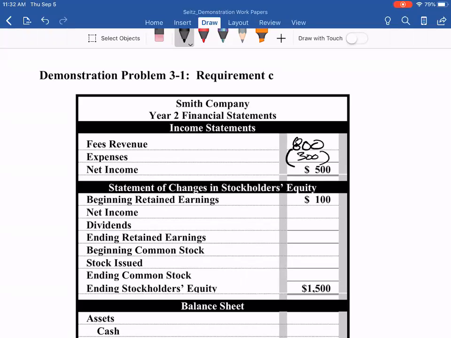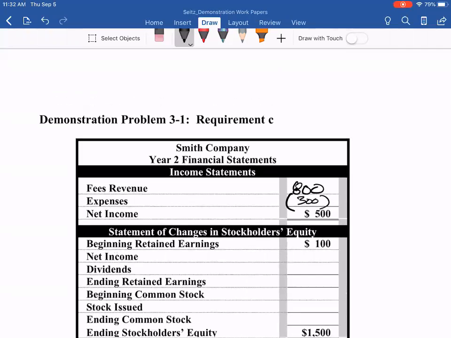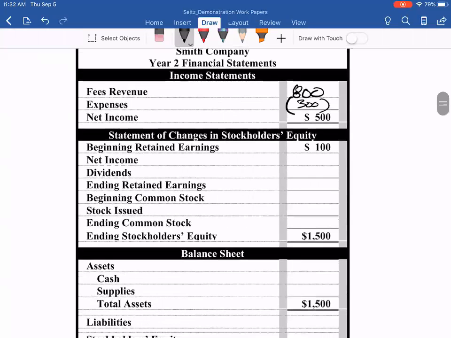It's not just cash expenses, okay, because we used $300 worth of supplies. We had a beginning balance, we went and took an inventory, and now we only have $200. Beginning retained earnings was $100. Net income of $500. There were no dividends paid out, so my ending retained earnings would be $600.